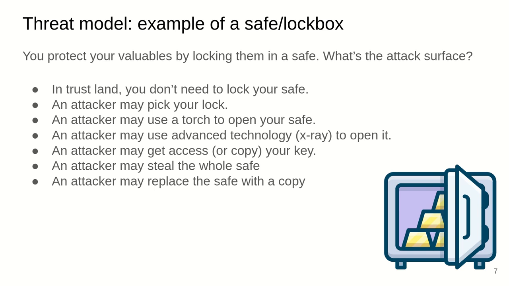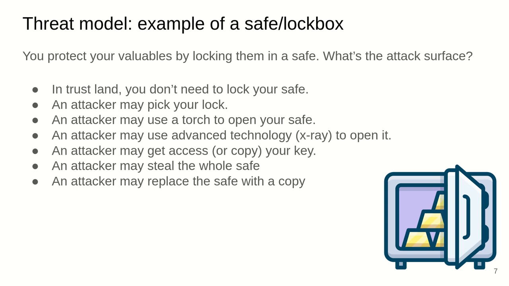An attacker may use advanced technology, as an X-ray, to open it and learn what the key combination is, right? So this would use a certain technology to break and leak information about the safe and the inner workings of the safe. An attacker may get access or a copy of your key, right, by for example stealing it or photographing it or learning this information through another way, right?